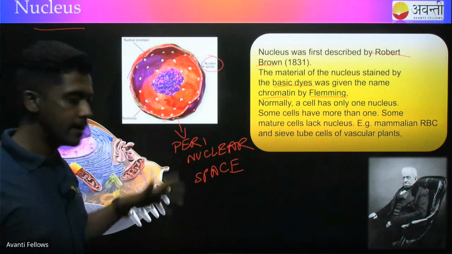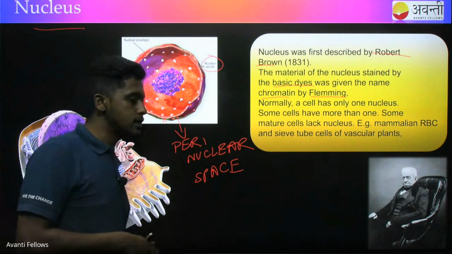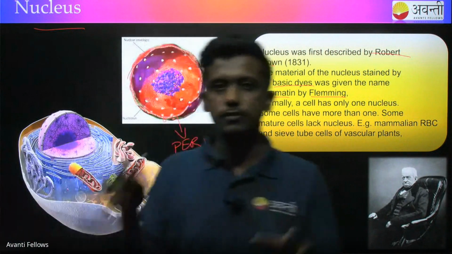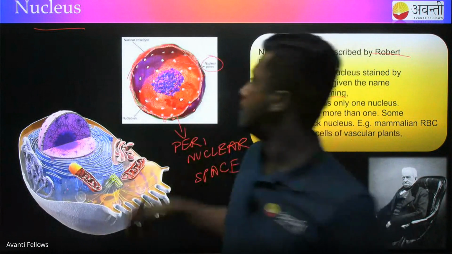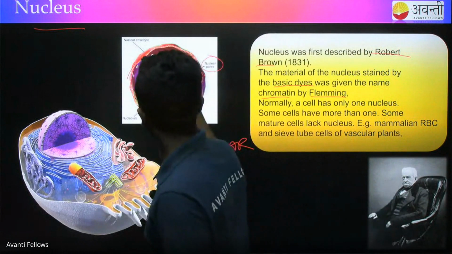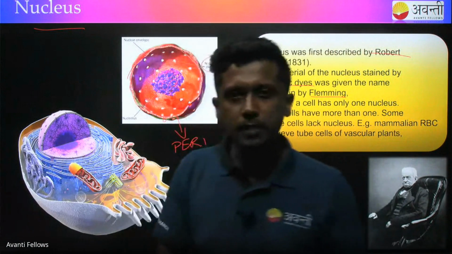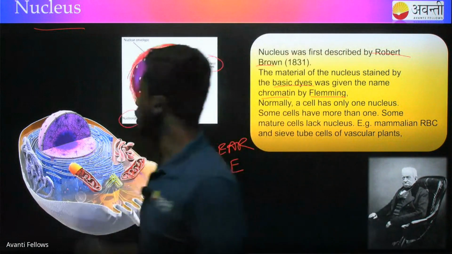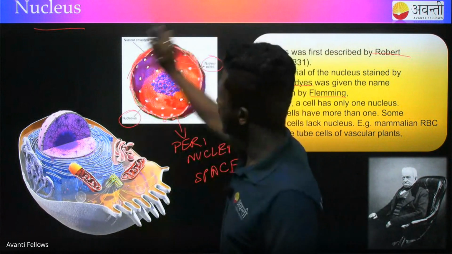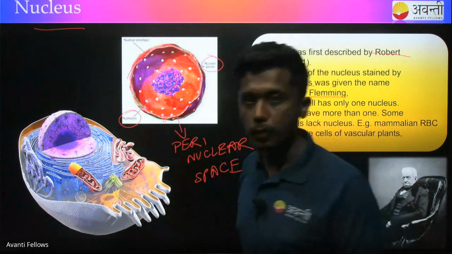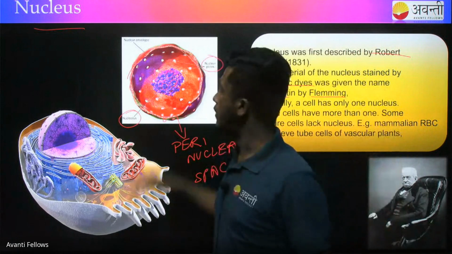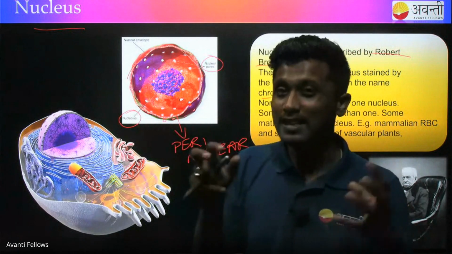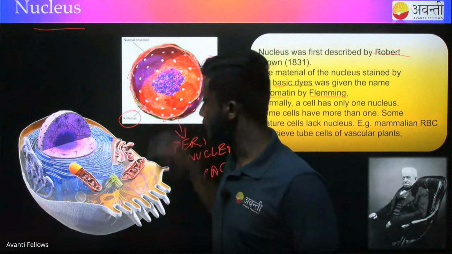Within this nuclear matrix, you can see condensed, spherical structures made up of chromatin fibers, where a lot of chromatin material is concentrated in a spherical shape. This is called the nucleolus. Outside, where everything is uniform, is the nucleoplasm or nuclear matrix, and within it is the nucleolus, where your genetic material is condensed.